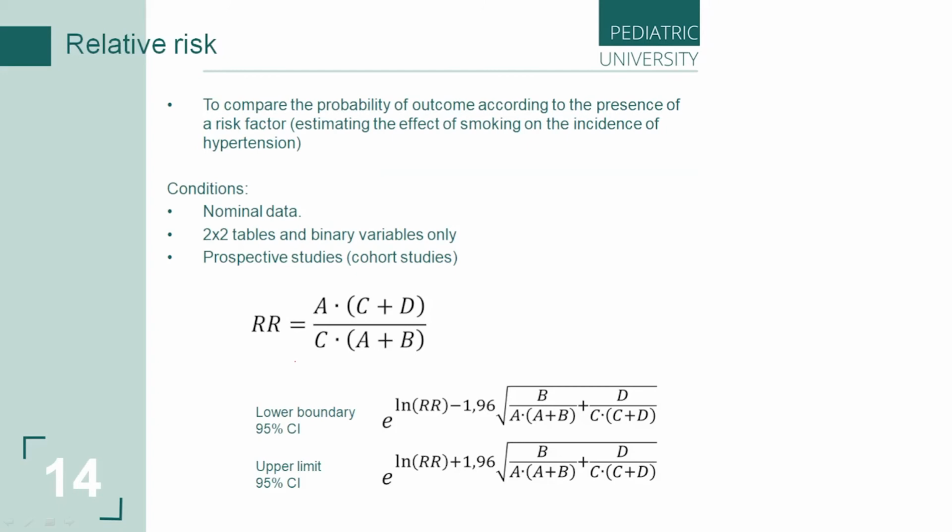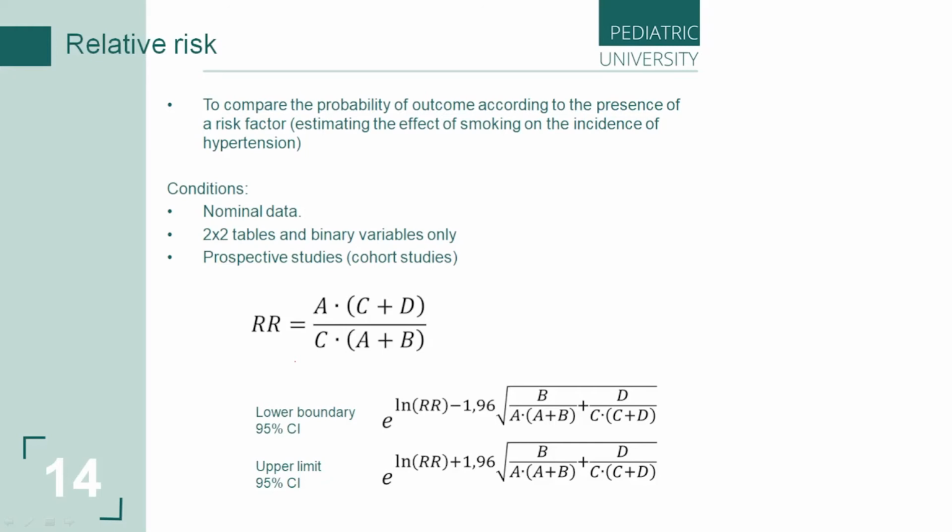let's continue. And again, we must say when we can use the relative risk. It's used to compare the probability of an outcome depending on the presence or absence of a risk factor. For example, estimating the effect of smoking on the incidence of hypertension. The conditions for application are as follows.